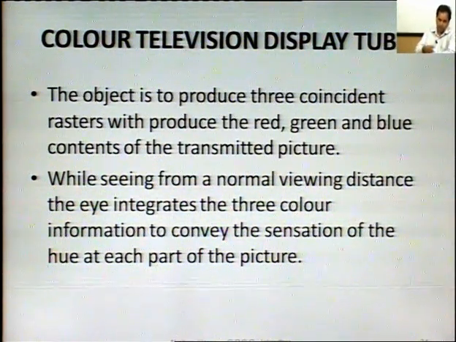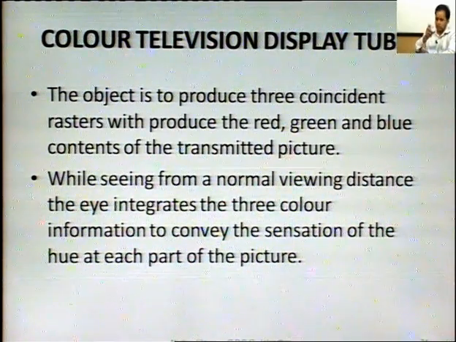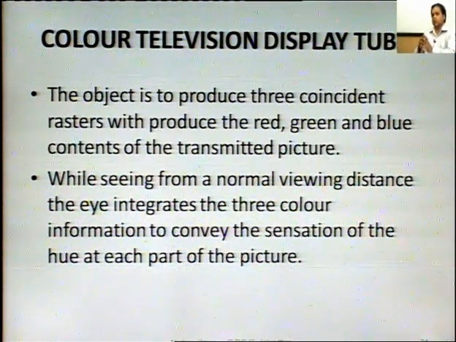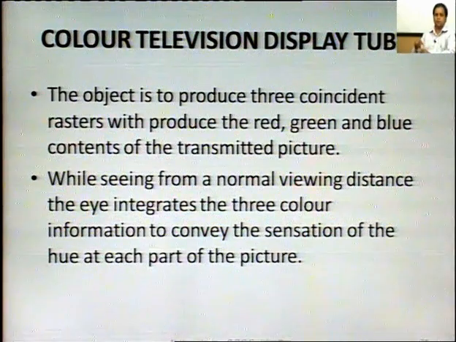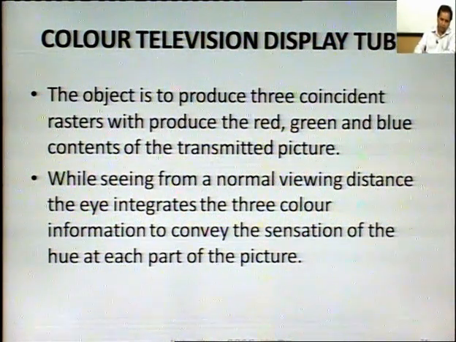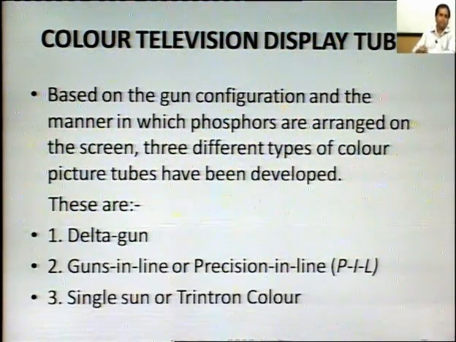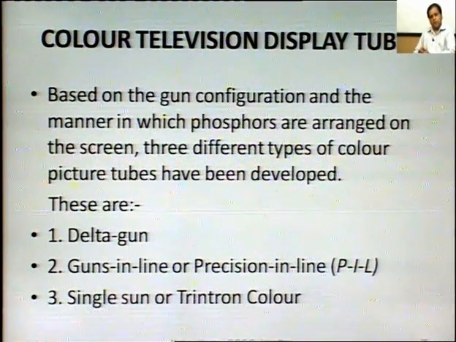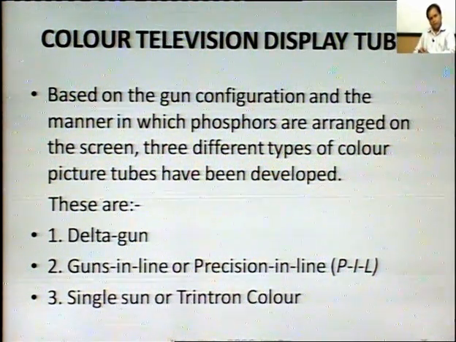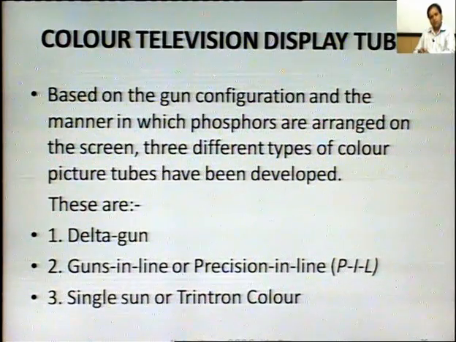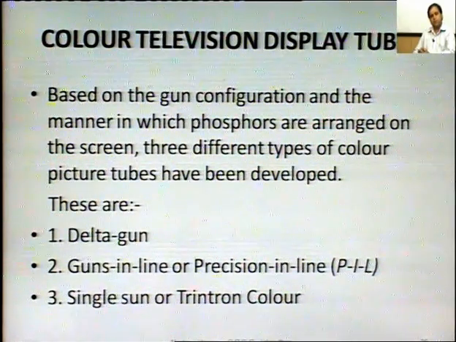As we have discussed, a particular color is not a single color, it is a combination of those three primary colors. Based on the gun configuration and the manner in which phosphors are arranged on the screen, three different types of color picture tubes have been developed.